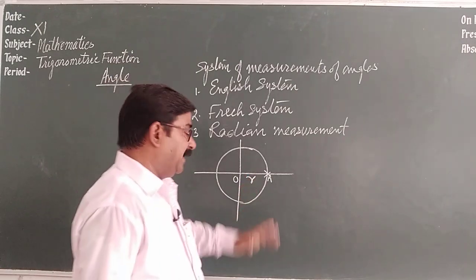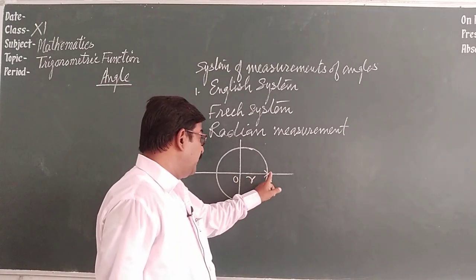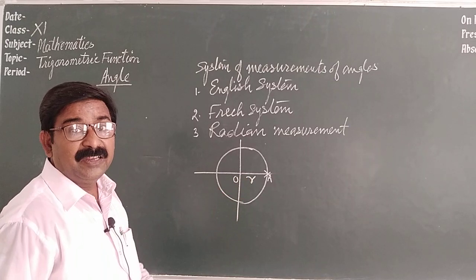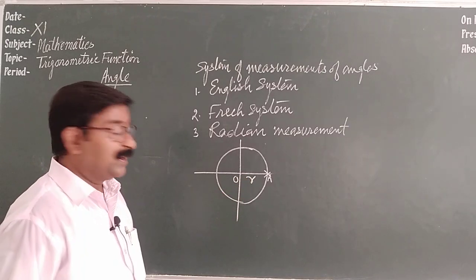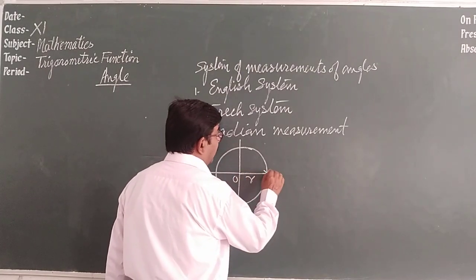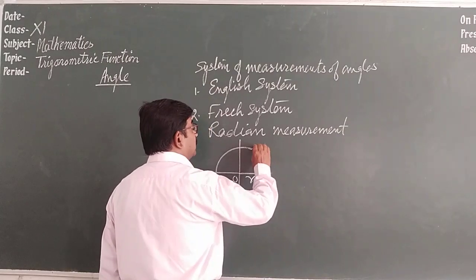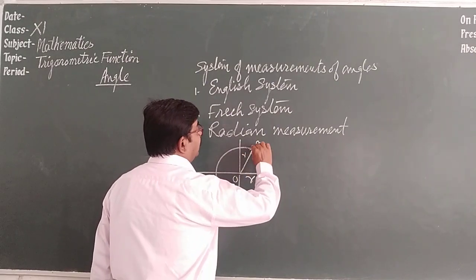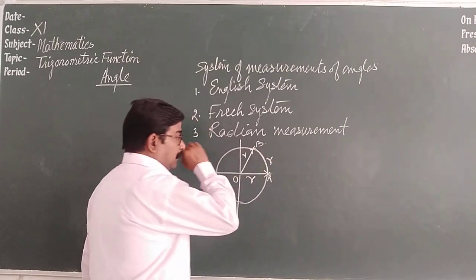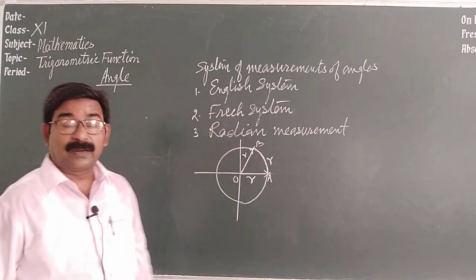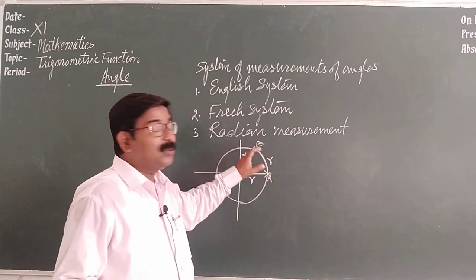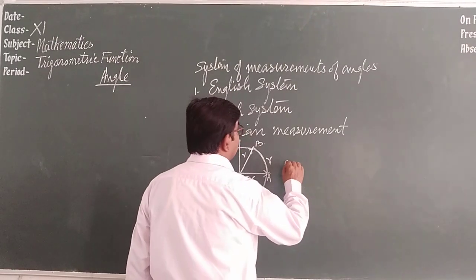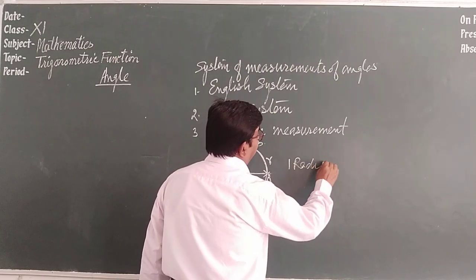When a terminating ray terminates at a distance equal to its radius, means this radius is A and it terminates at this position B. So this will also be the radius, and this length of arc is equal to R. Means when the length of arc terminated by the ray is equal to the radius, the measure of angle is called 1 radian.